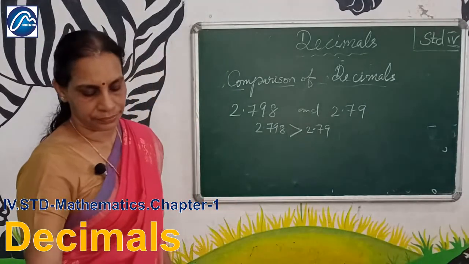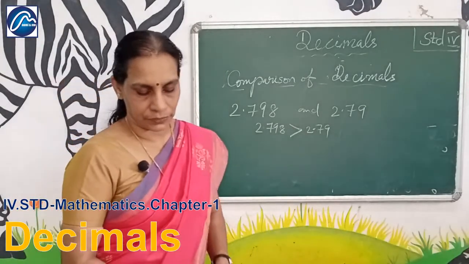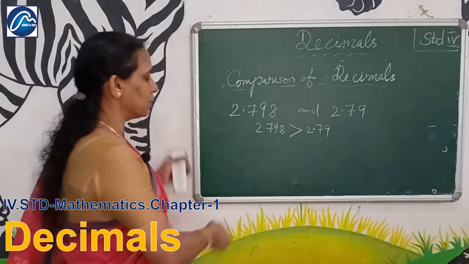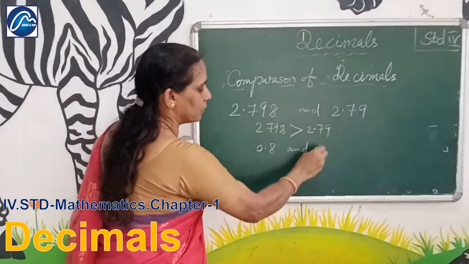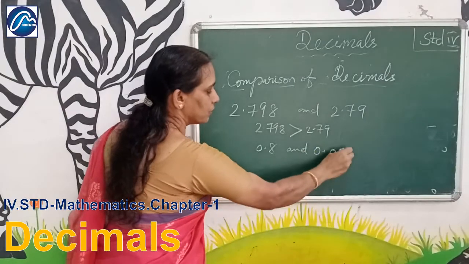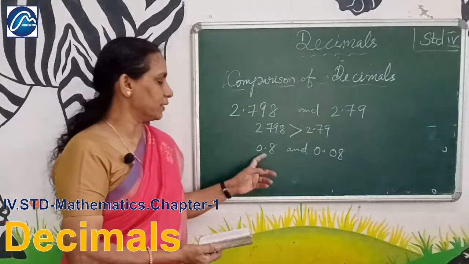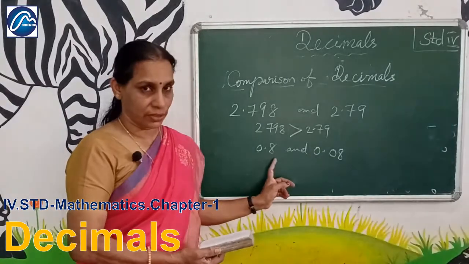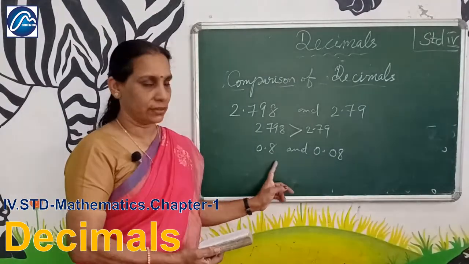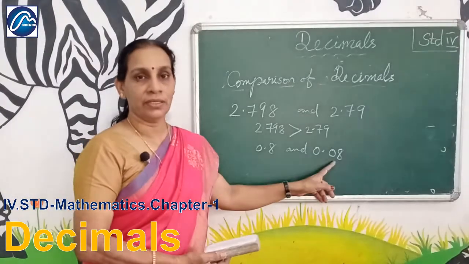Now I'll give you more examples. 0.8, 0.08. Look here, after the decimal here 8, here 8 tenth. Here how many tenth? 0 tenth.